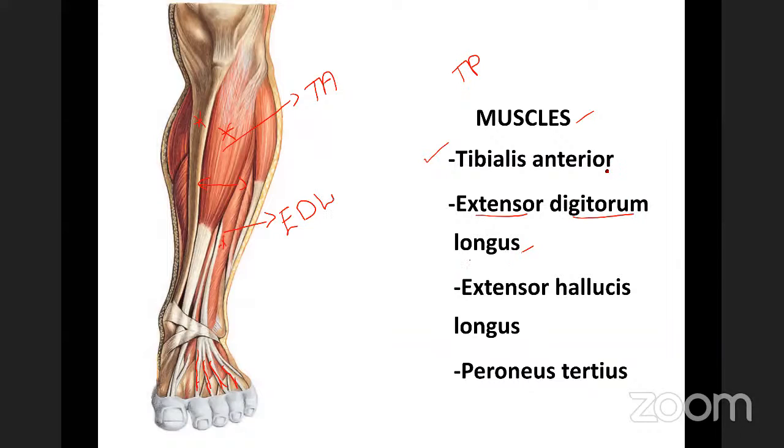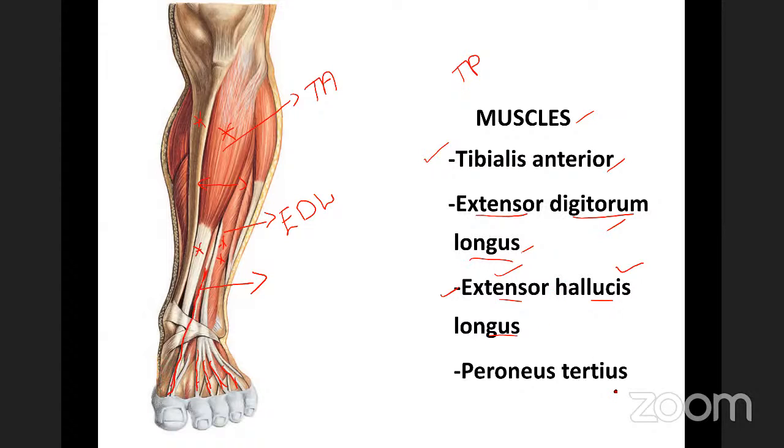The muscle peeping in between the tibialis anterior and the extensor digitorum longus is called extensor hallucis longus. It is called extensor because it's in the extensor compartment. It is called hallucis because, as you can see, the tendon is attaching to the hallux, or the great toe.